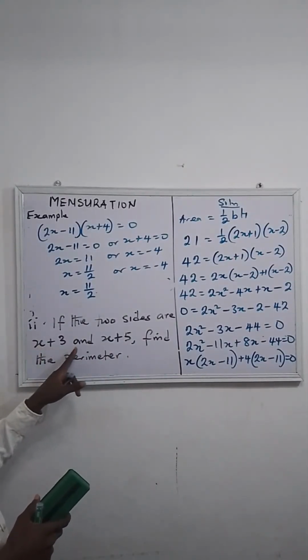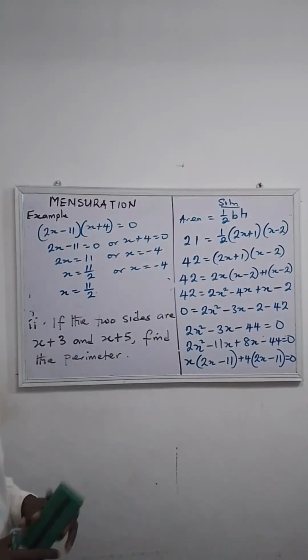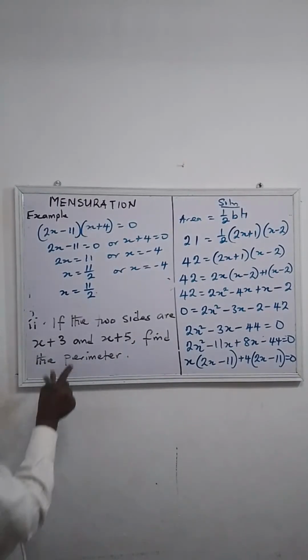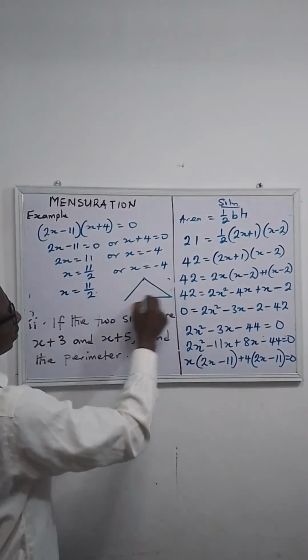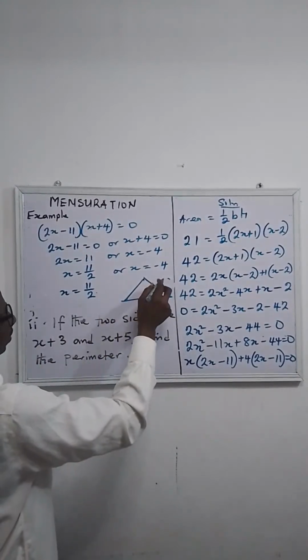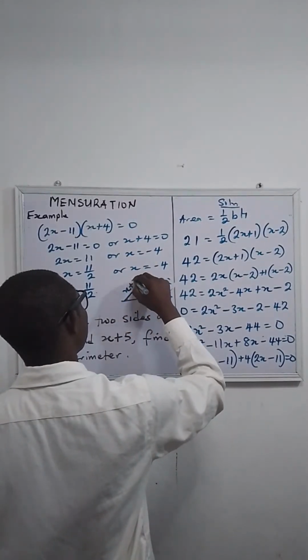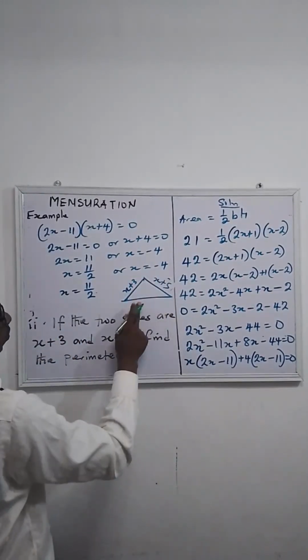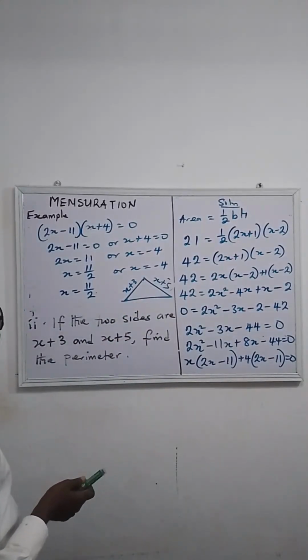So the next question says that if the two sides are x plus 3 and x plus 5, find the perimeter for that triangle. So if we have one of the sides, of course now you know the triangle looks like this. So a side is given to be x plus 5, another one x plus 3, and this third one is what? That has been given in the question earlier.